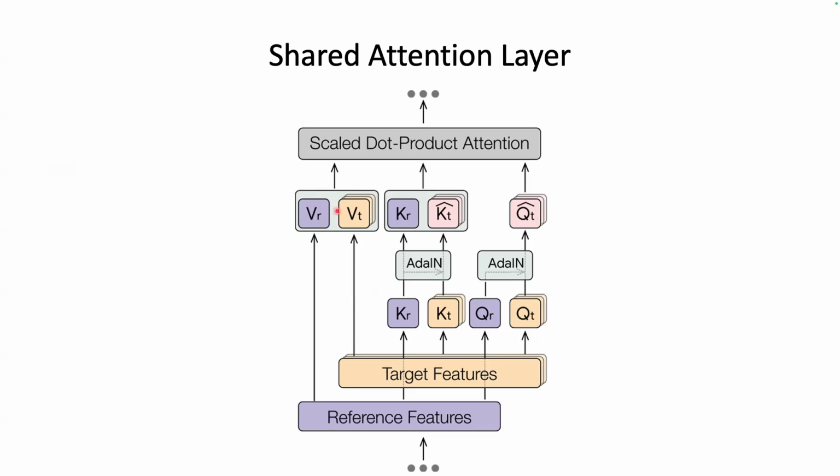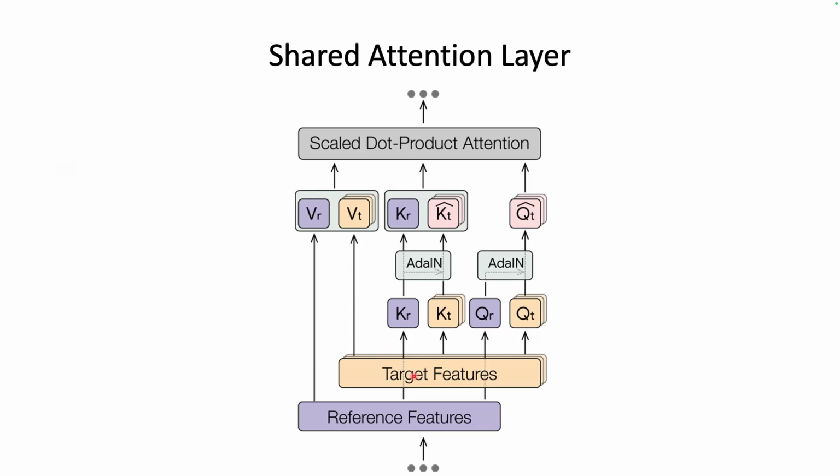So this allows each image to use the features coming from the reference image. So this allows the image to get the style of the reference image. But since we're also using the keys and the values of the image being generated, we're also able to generate the right content.